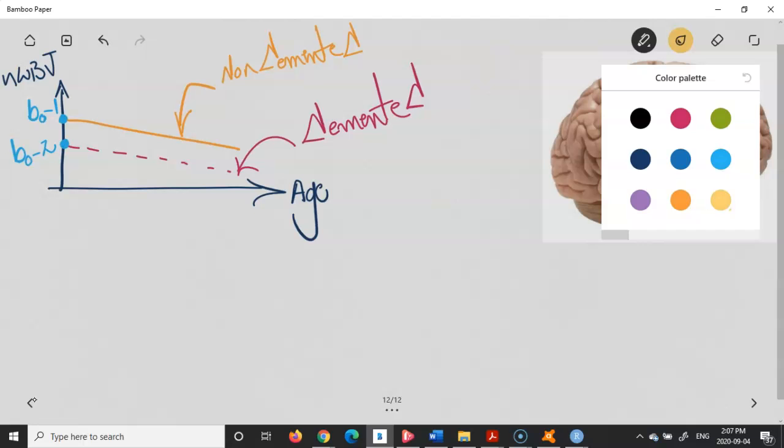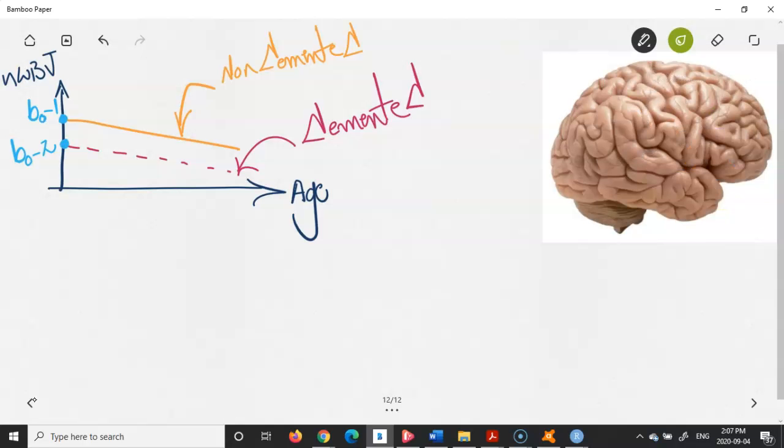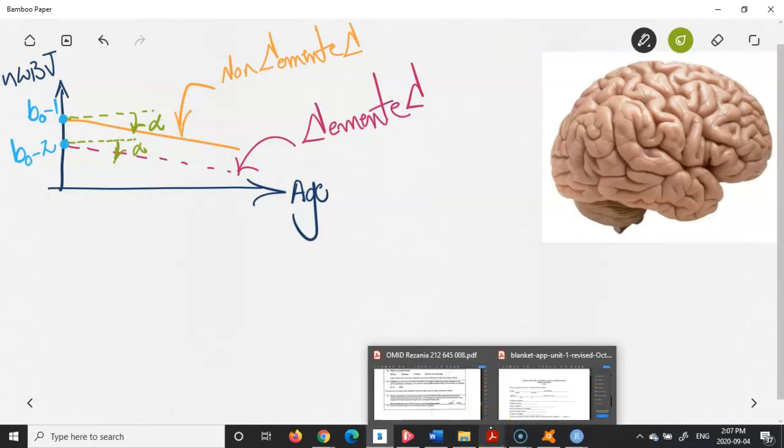Let's say this one is alpha, and this one is also alpha, which is why these two have the same slope.